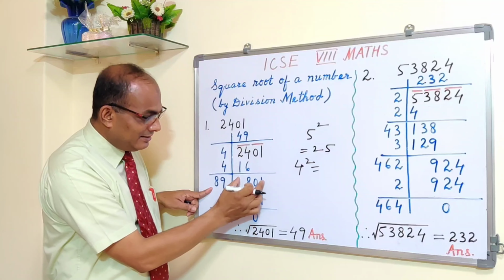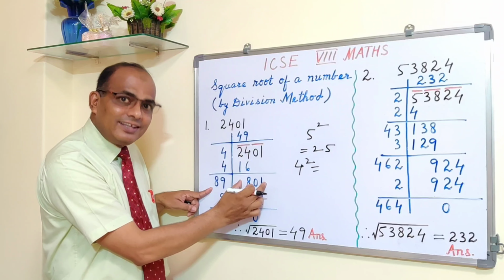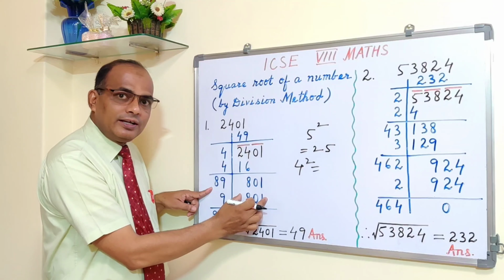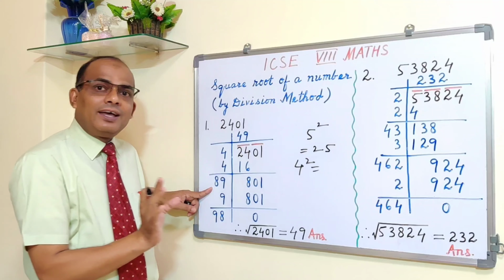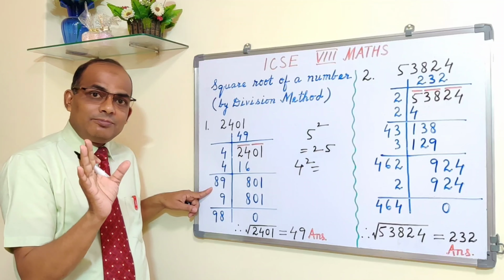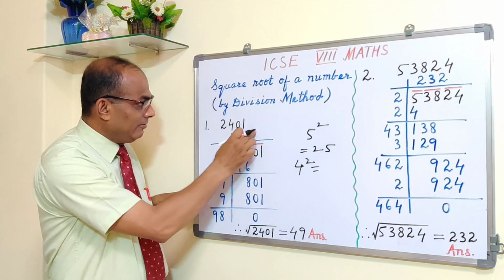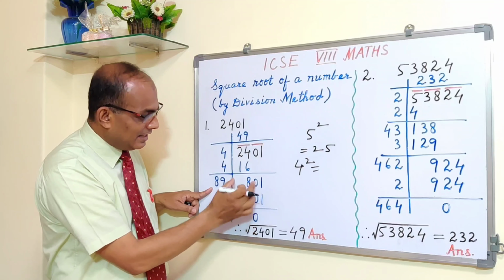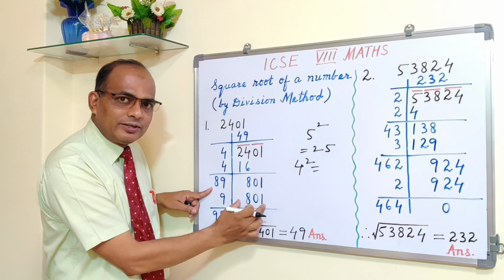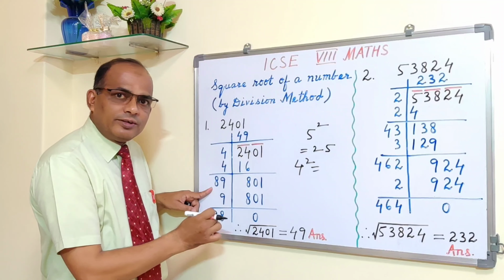It is either 801 or it should be less than 801. So you are getting 801. That means out of 8 and 9, the 9 we will take, because 9 is the greatest possible digit by which, when we are multiplying, we are getting a number which is either 801 or less than 801.